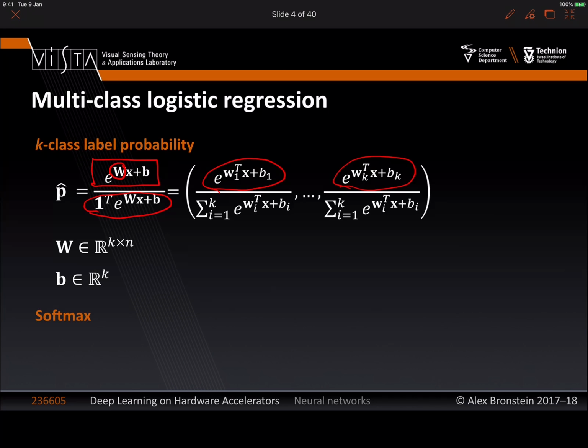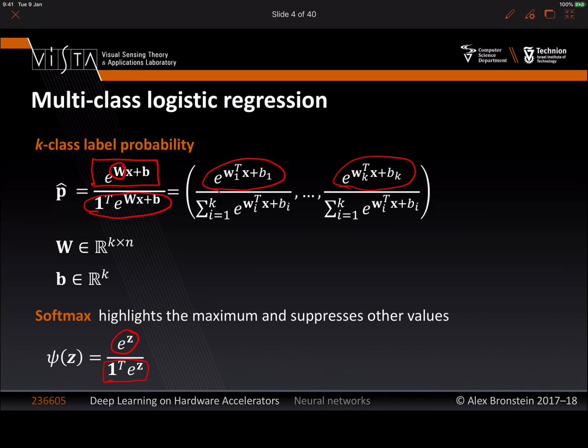So basically, I can think of this function that I'm now applying element-wise. It has an element-wise numerator, and then this is a so-called horizontal operation. Basically, it works along the vector and not element-wise. This operation is called softmax. This softmax highlights the maximum and suppresses non-maximum entries.